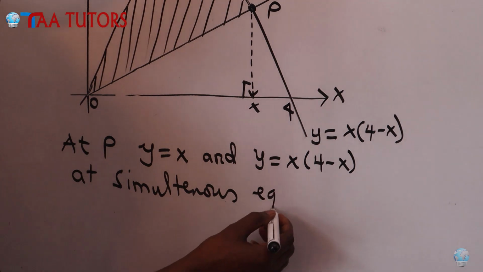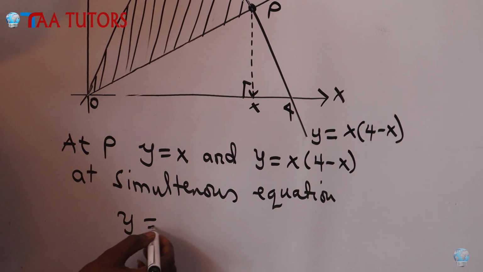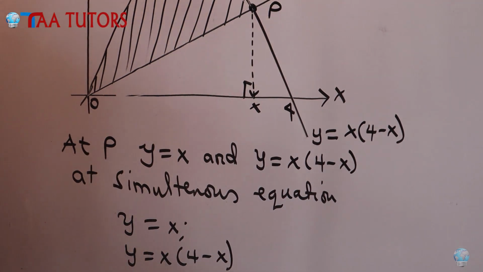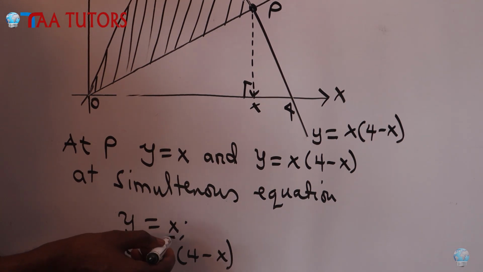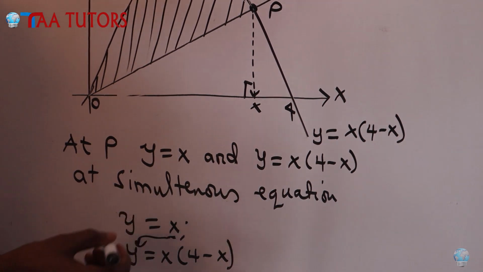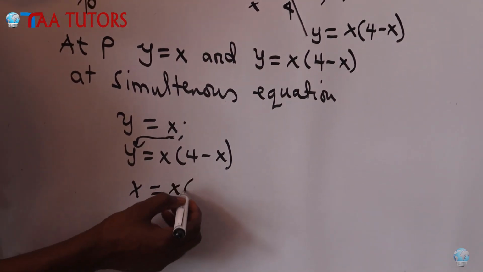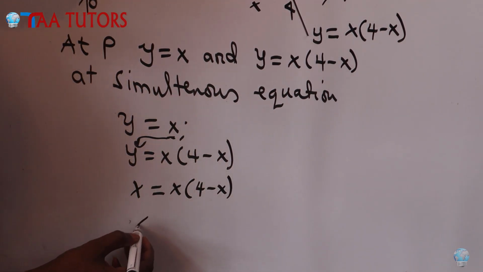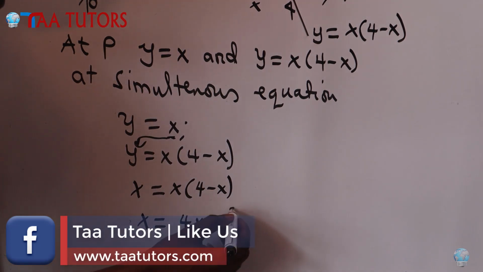Simultaneous equations now. So if we have y equals x, but y is x into 4 minus x, then it means that where y is, I can bring in x. Then I say x will be equal to x into 4 minus x. So if I open the bracket, I'll get x equals 4x minus x squared.